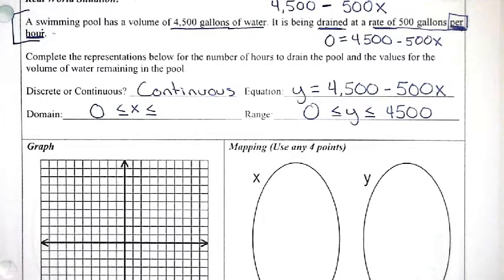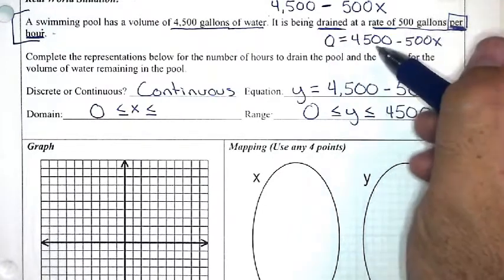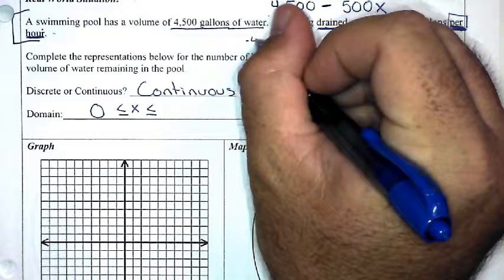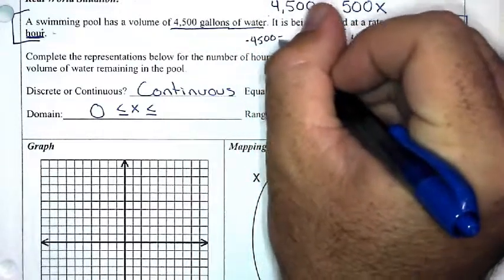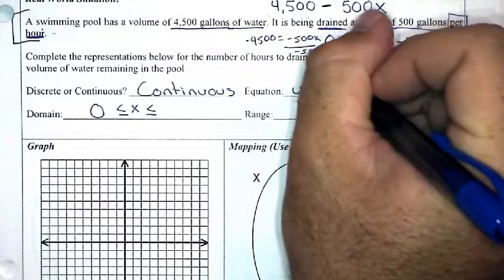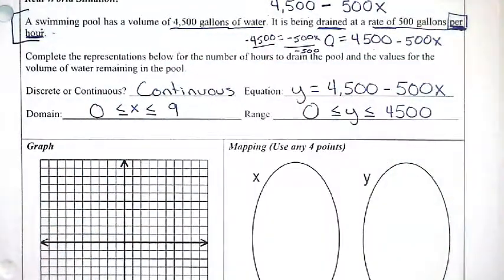So now I solve. Subtract 4,500 to both sides. Now I have negative 4,500 equals negative 500X. I'll divide by negative 500 to both sides, and I get 9. It takes 9 total hours for that pool to be completely drained. 9 hours.